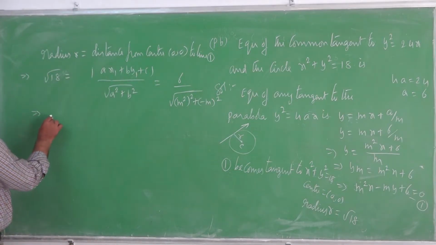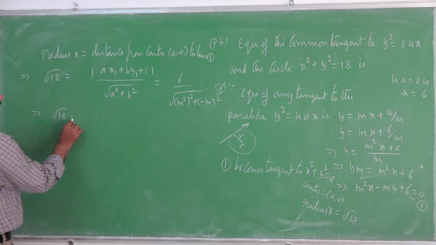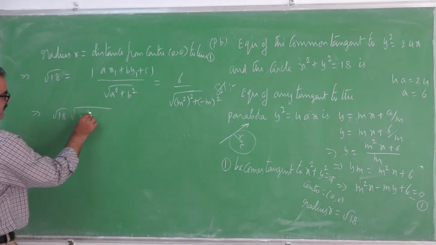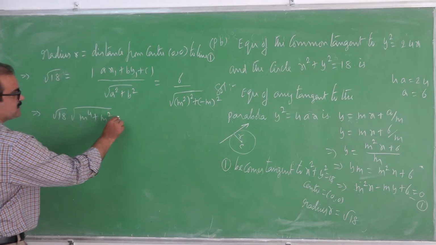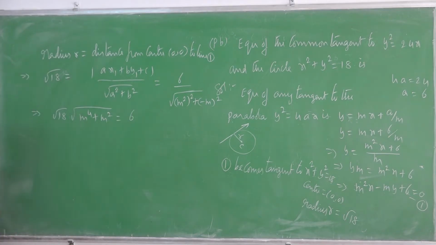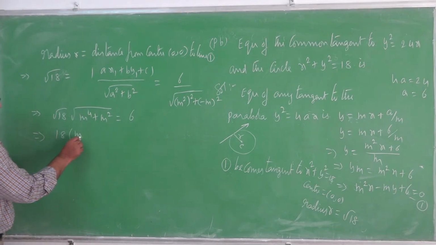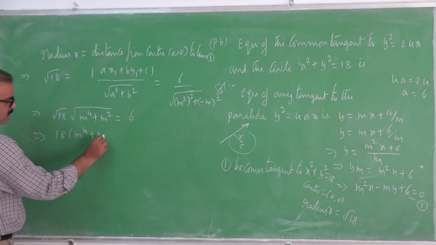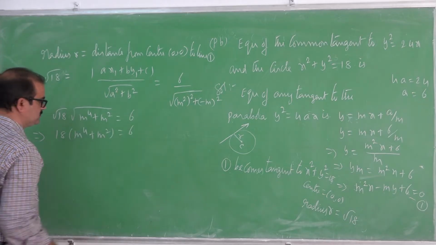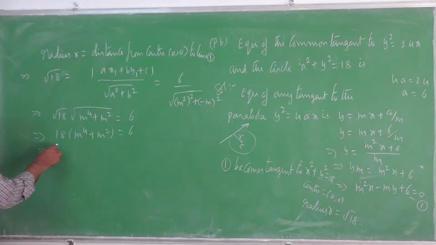Now cross multiply. Root 18 into root of m power 4 plus m square is equal to 6. Now squaring on both sides to remove the square root, 18 into m power 4 plus m square is equal to 6 square. 3 times cancel.